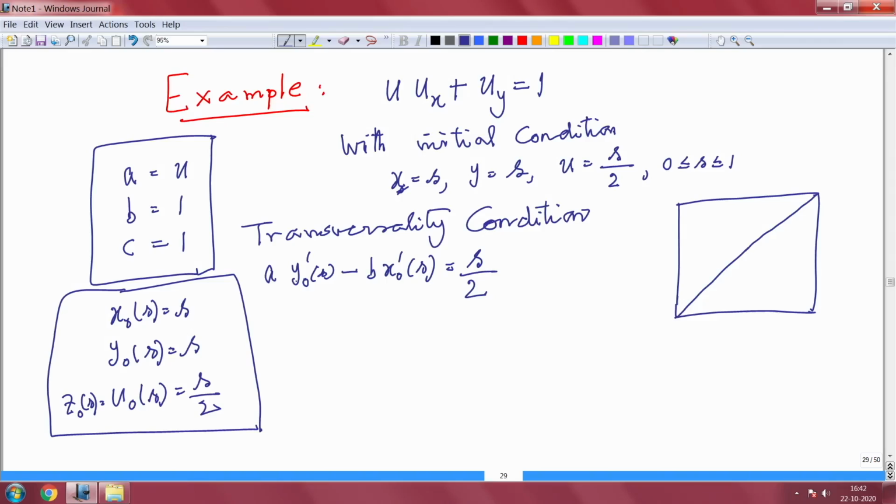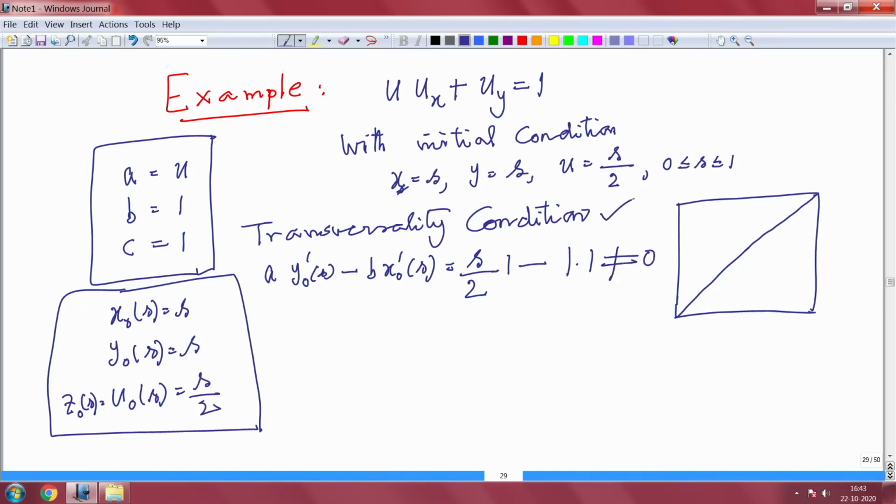So, this is s by 2, your y naught prime is equal to 1, minus b is equal to 1, and x naught prime is also equal to 1. And 0 less than s less than 1. So, this can never be 1, so this is not equal to 0.